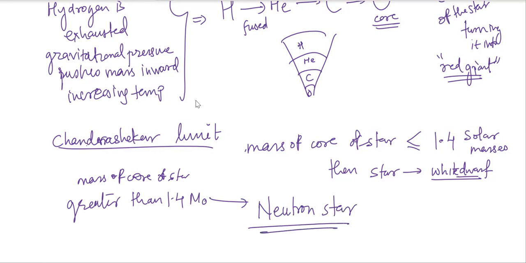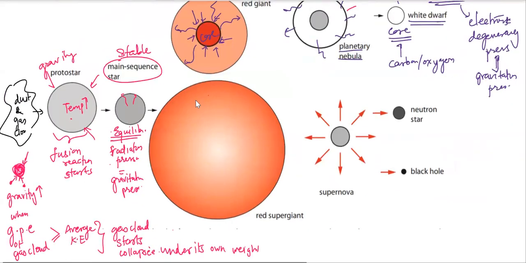Now, how is a neutron star formed? Basically, in this red supergiant, if you look at the core, you will see that heavier nuclei like iron, magnesium, silicon, neon, all those elements are forming. Okay, and the gravity is so strong that it keeps on forming the heavier nuclei.